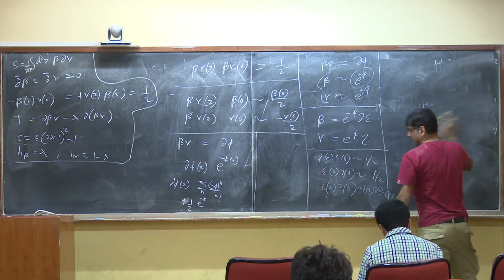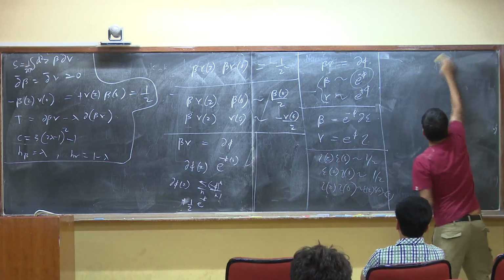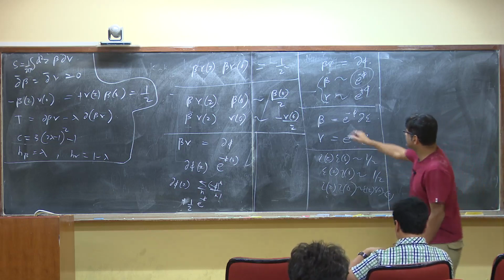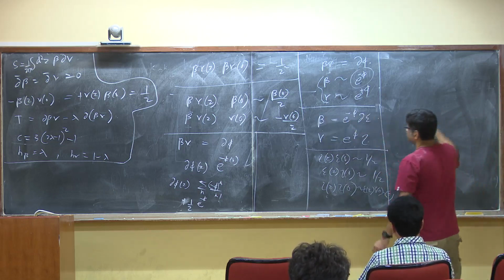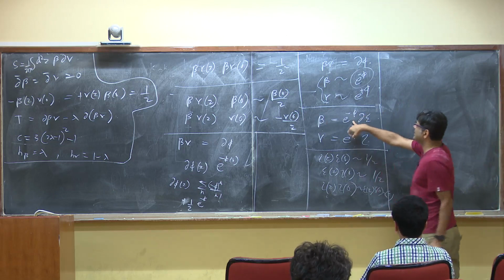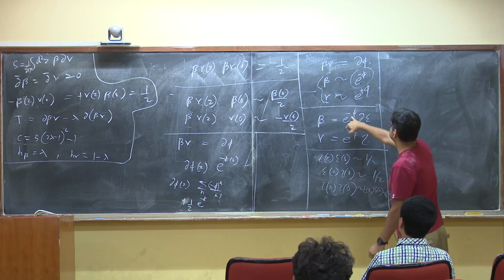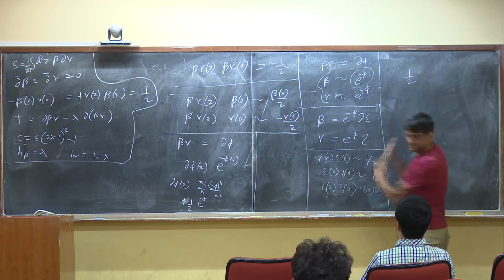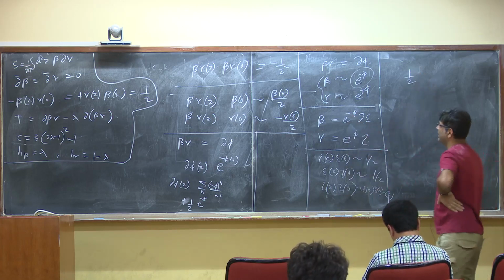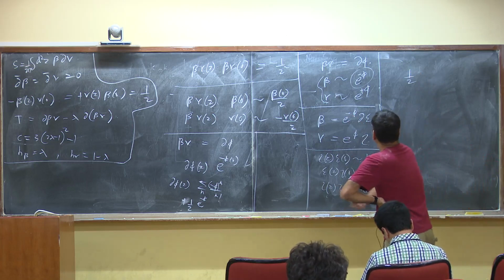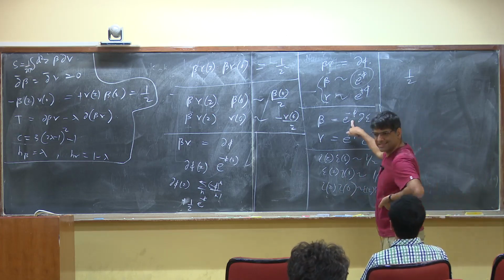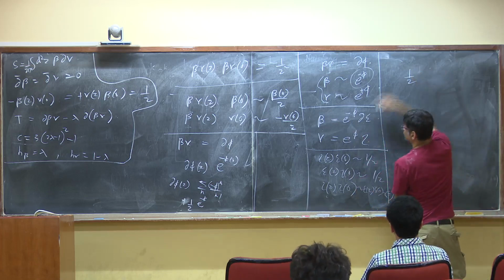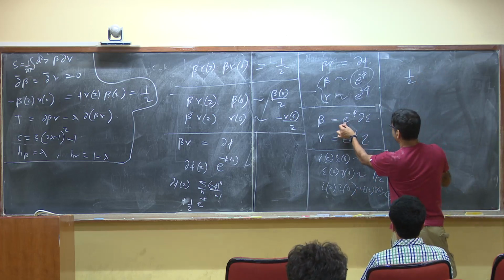Great. So now let's check all the offending parts of the algebra and see if they now work. Let's look at beta with itself. Last time what we got was 1 by z, and that's what we get from here.